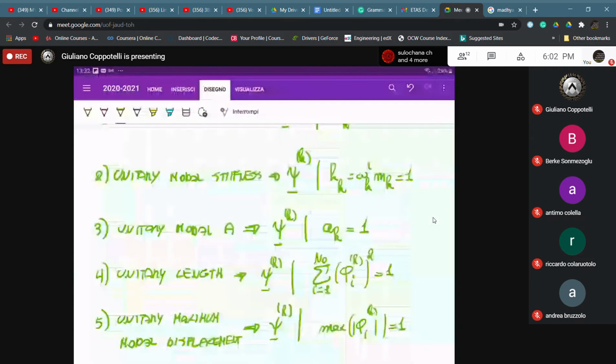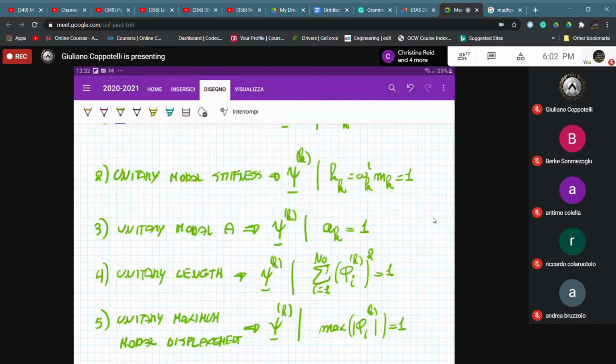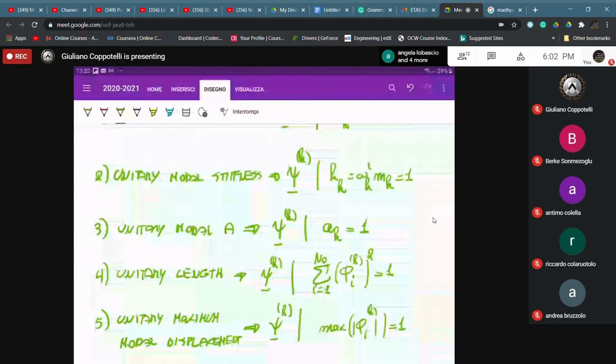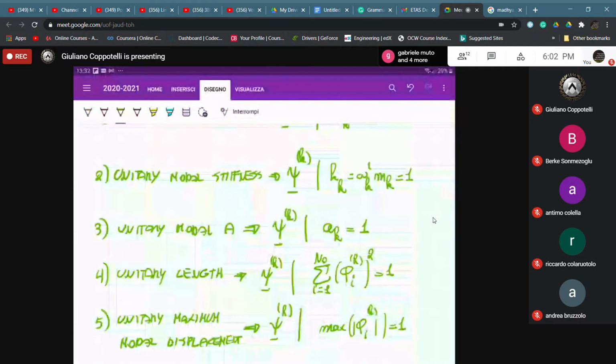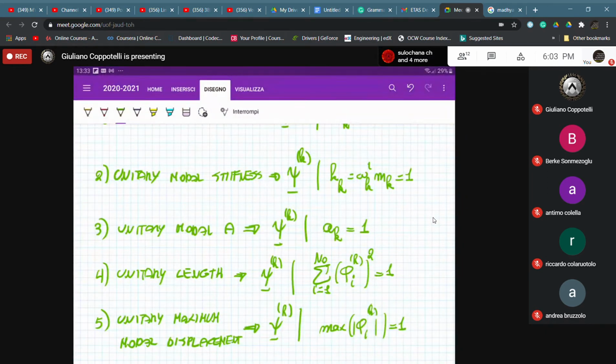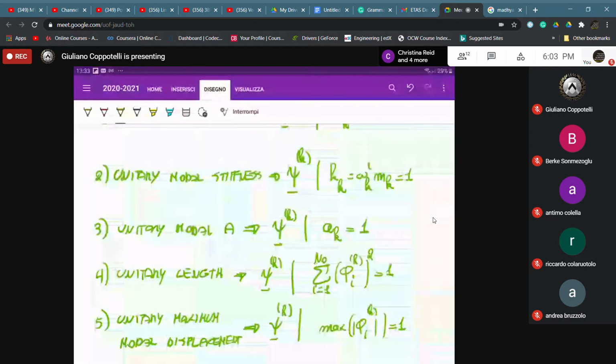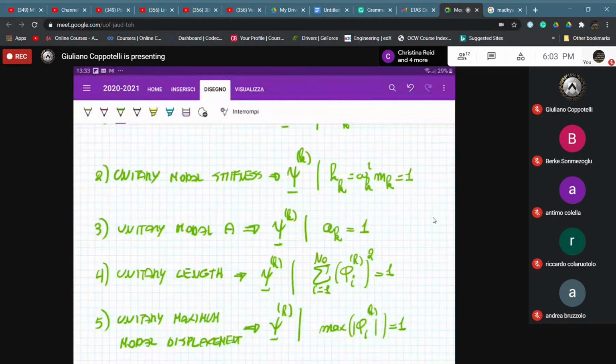So that is what we can have when referring to the monoparameter estimate. We saw some methods. All these methods refer to either a single degree of freedom approach or a multi-degree of freedom system approach. Sometimes there is a connection between these two approaches, and they operate both in time and frequency.